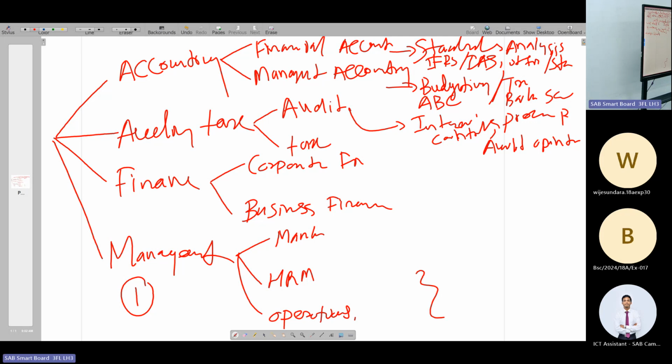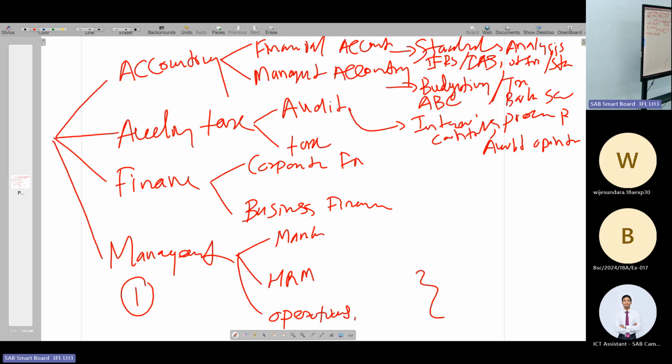The other one, what is the next one? Yes, finance, corporate finance. Sometimes you don't have corporate finance, therefore we'll start with business finance. What are the lessons that you have identified? Portfolio management. Investment decisions. What else? Risk and return.